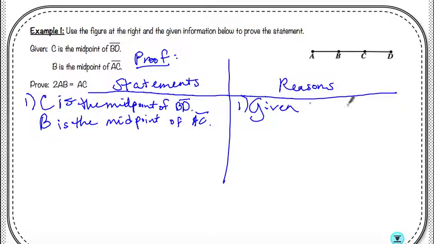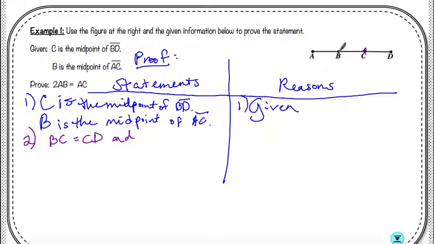Okay, the second step is usually to use the given statement to say something else. So logically, what comes after this? If C is the midpoint of BD, then BC, this segment here, and CD are congruent to each other. We're going to go ahead and say BC is equal to CD because C is in the middle of B and D. And the same thing is true of the second statement.